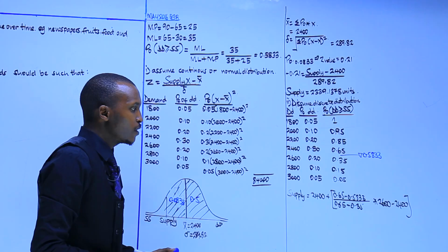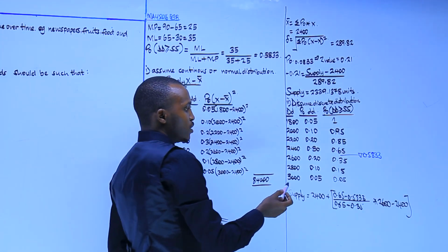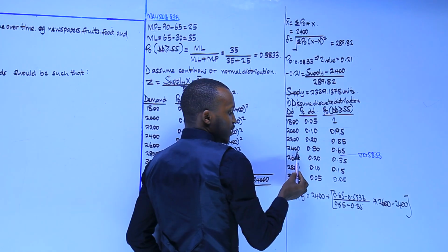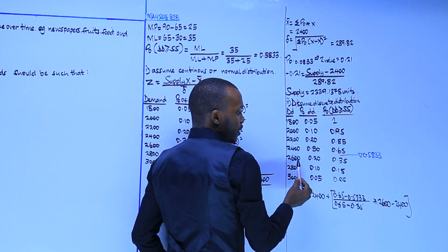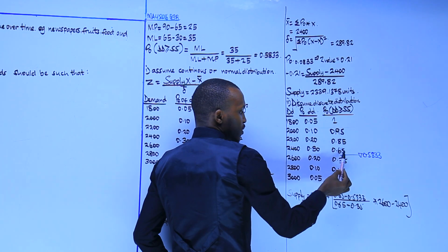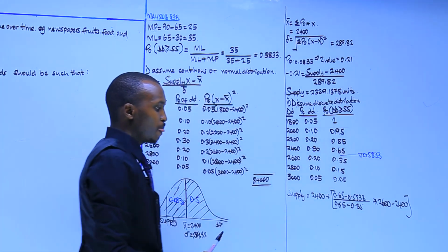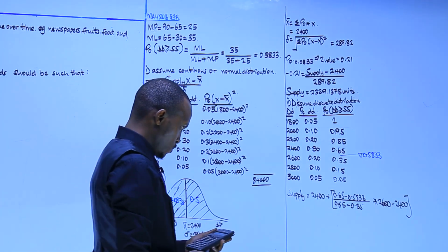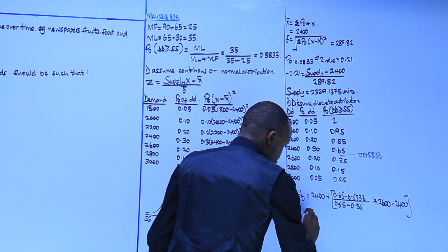All right, why? Because you know between 0.65 and 0.35 your demand difference is 200 here, but remember you don't want the whole 200, you only want a proportion between 0.65 and 0.58. So let's work that one out. So this will give you 2400.